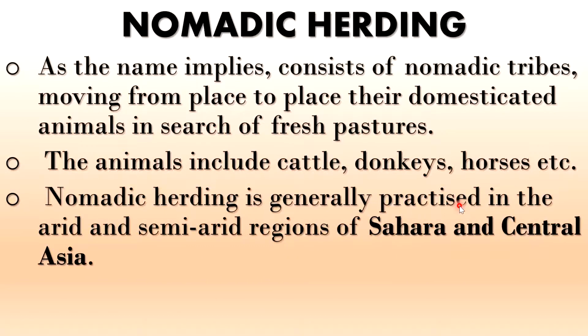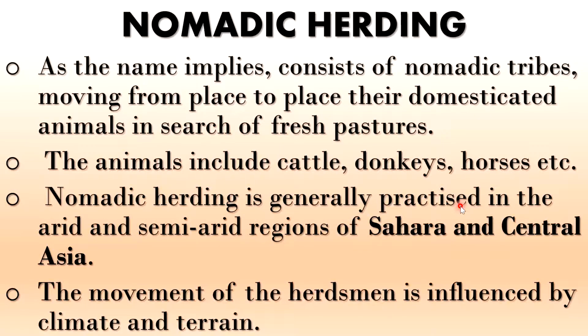Nomadic herding is generally practiced in the arid and semi-arid regions of Sahara and Central Asia. So where is nomadic herding practiced? It is practiced in Sahara and Central Asia. Just as shifting cultivation is practiced in forest areas, nomadic herding is practiced in some arid and semi-arid regions of Sahara and Central Asia.